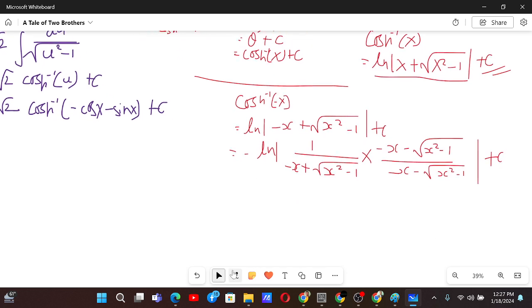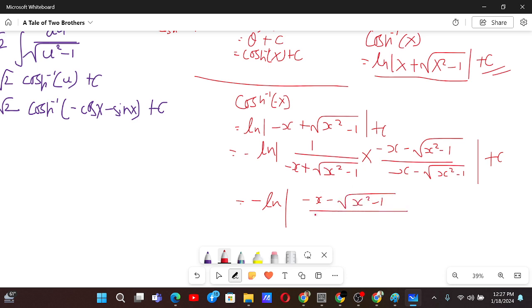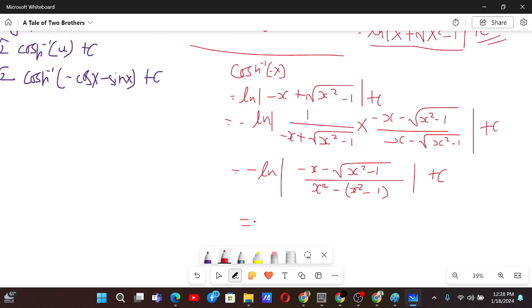Now after this we will have minus ln of minus x minus root x square minus 1 by, this is what it is, a plus b times a minus b, a square minus b square, so x square minus x square minus 1 plus c. Now this is minus ln of minus x minus root x square minus 1, and this is just 1 plus c.